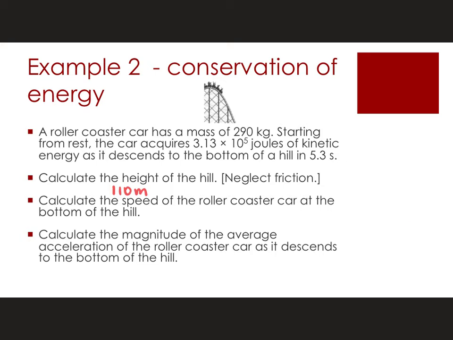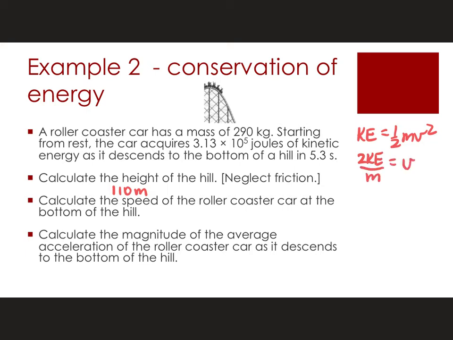Okay, it wants to know what the speed of the roller coaster is at the bottom. So I need my equation for kinetic energy, 1/2 mv squared, and I'm going to move this around for v. To get 1/2 to the other side, I can multiply both sides by 2, so 2KE, and to get the m over to this side, it's going to be divided by m.